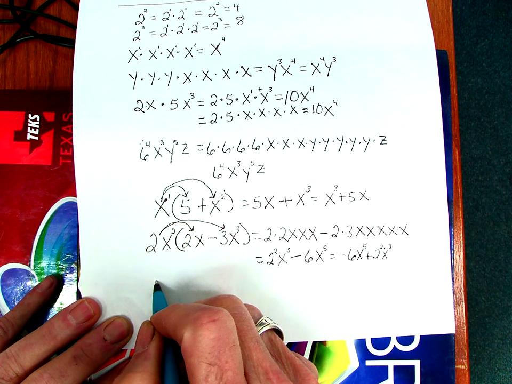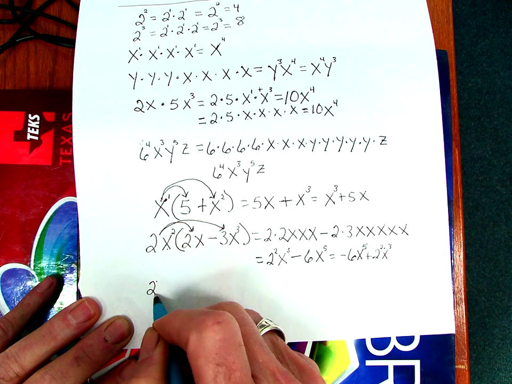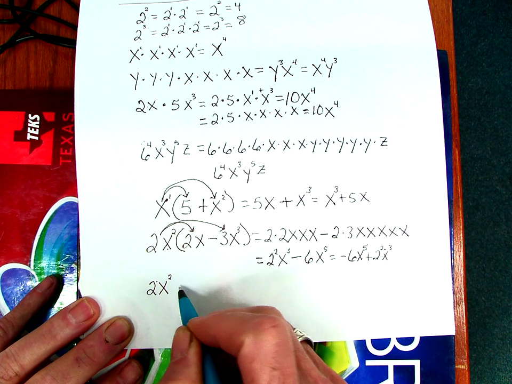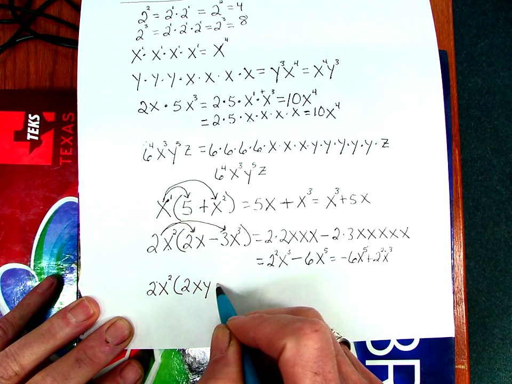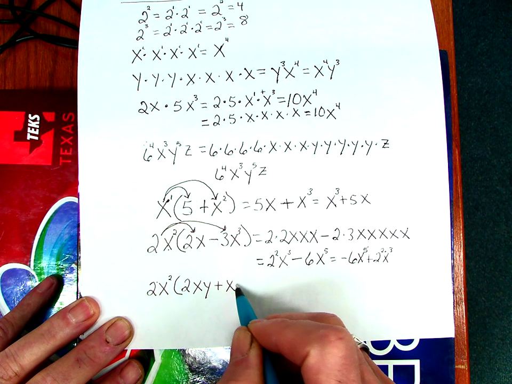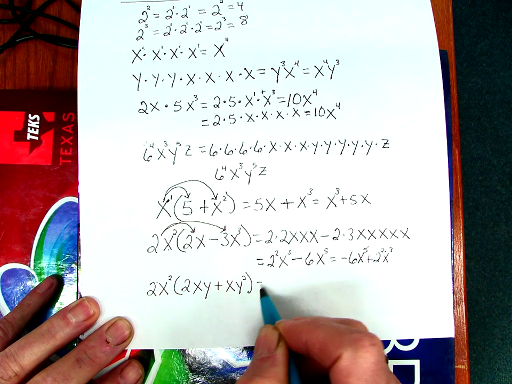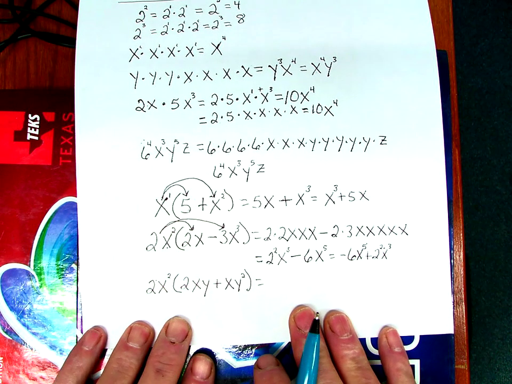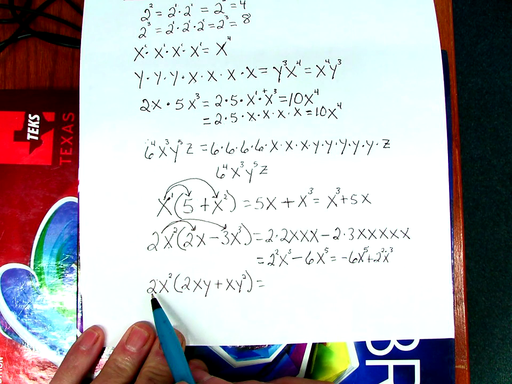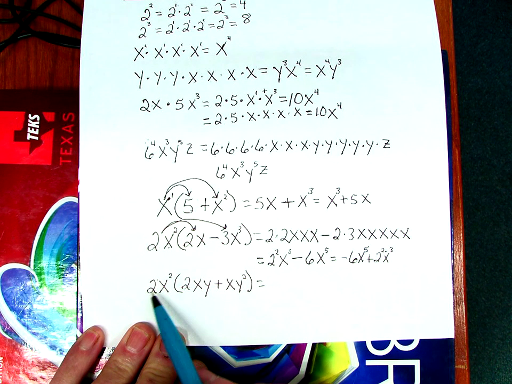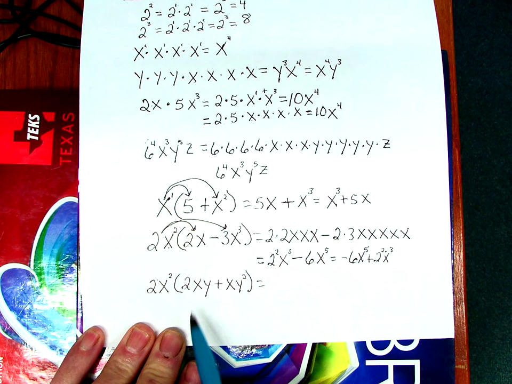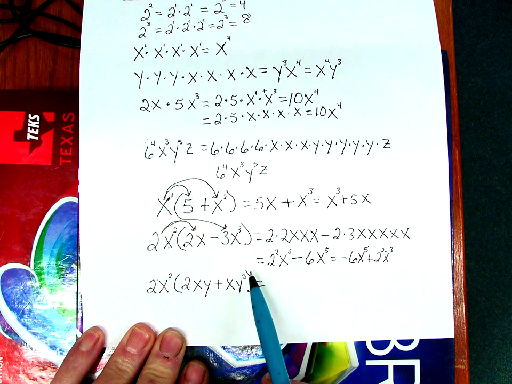Okay. Now let's add a few more variables. 2x squared times 2xy plus xy squared. The only thing that's going to be increased on the inside of this parentheses are the coefficients and the x's, because there are no y's on the outside being multiplied that we can increase these y's with.